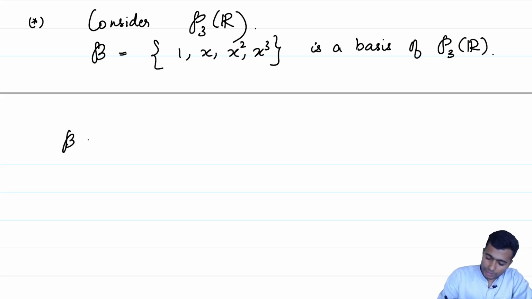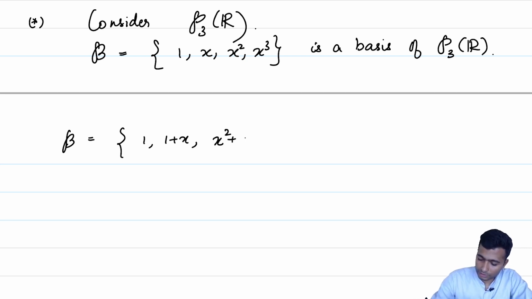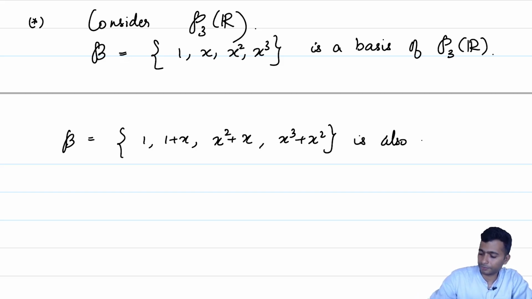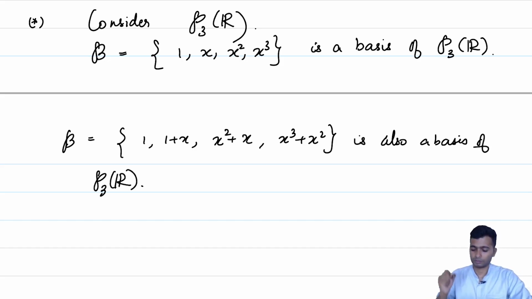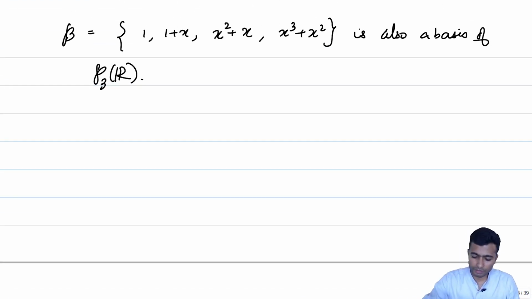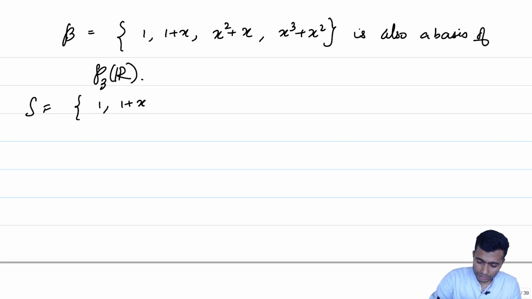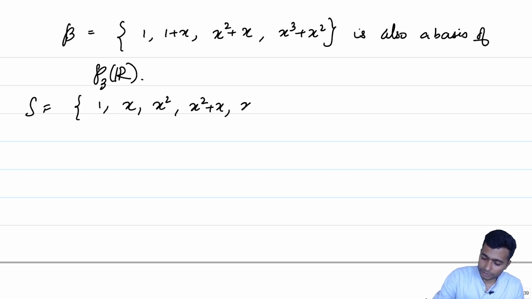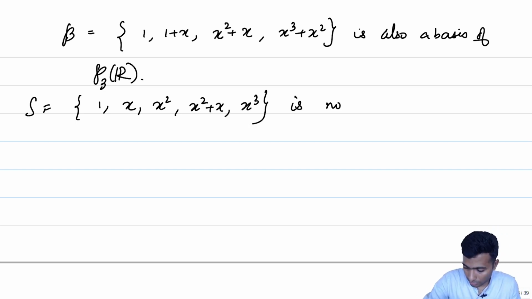I would also like to state that 1 plus x, x square plus x and x cube plus x square is also a basis of P3 of R. And if I consider our set S to be, say, 1, x, x square plus x and x cube, this is not a basis, though it is a spanning set.